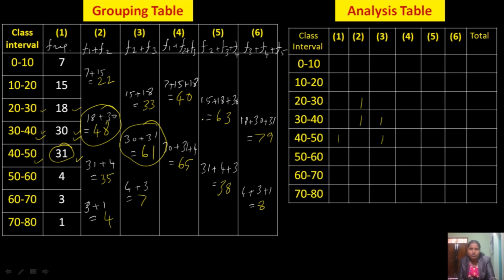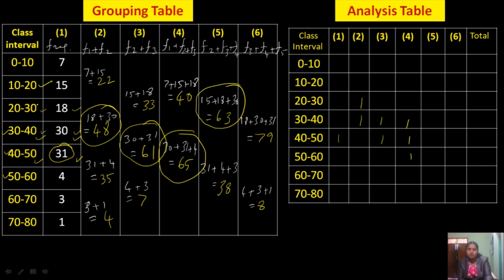Under column 4, 65 is the highest value, obtained by adding 30, 31, 4. So that is 30 to 40, 40 to 50 and 50 to 60. I put 1 against all these class intervals under column 4 in the analysis table. Under column 5, 63 is the highest value, obtained by adding 15, 18, 30.